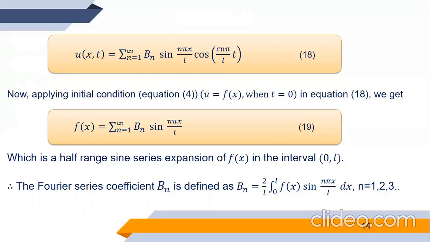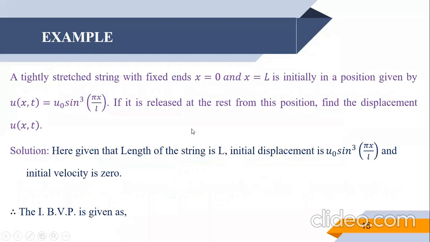So the solution of problem 2 is equation 18, where we consider Bn is 2 by L integral 0 to L f(x) into sin(n pi x by L) dx.